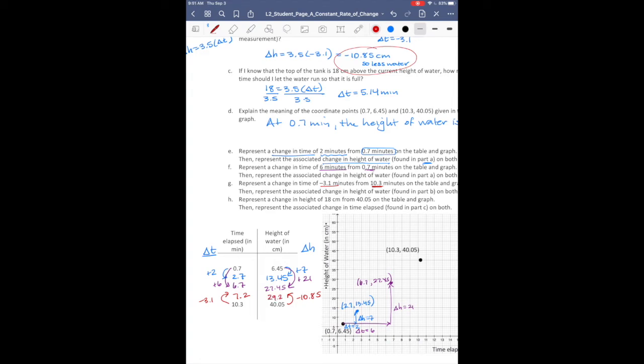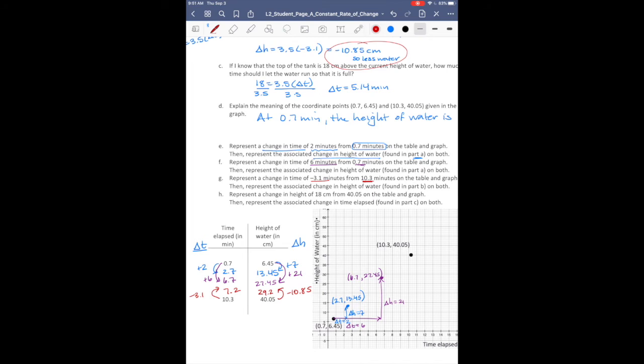And again, if I come over to my graph, I can still represent that. So if I decrease my time, oops, sorry about that. If I decrease my time by 3.1 minutes, right, so that change in time is negative 3.1, I'm actually going to go down, I'm sorry, I'm going to go down to that 29.2, right?